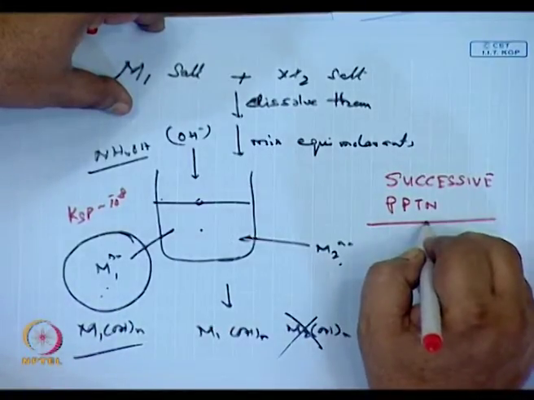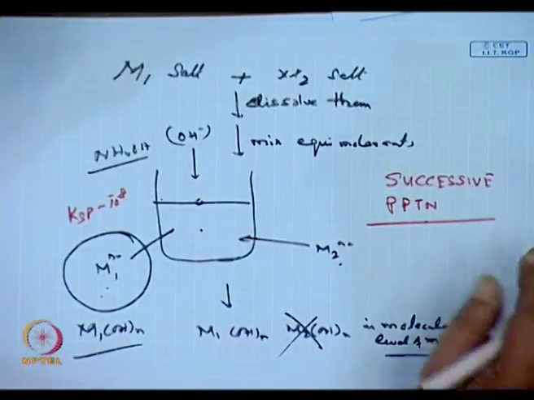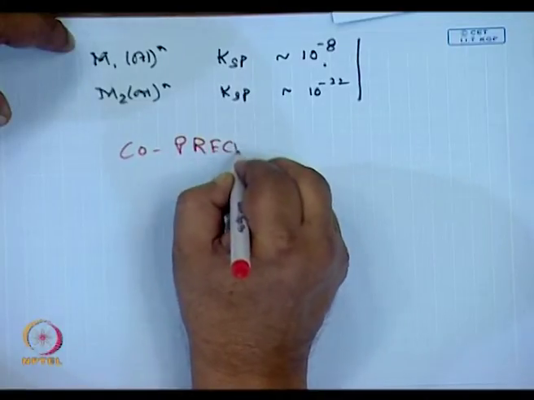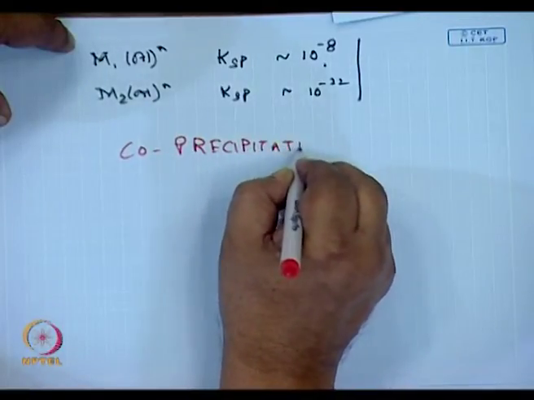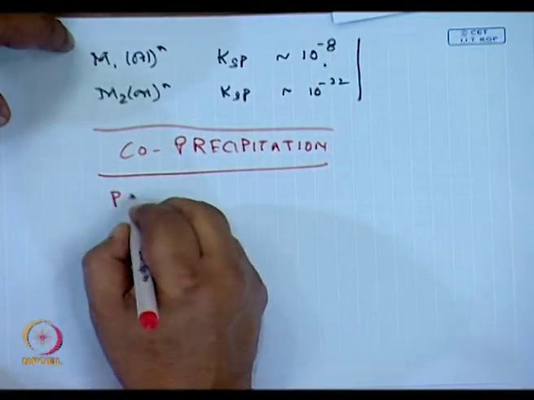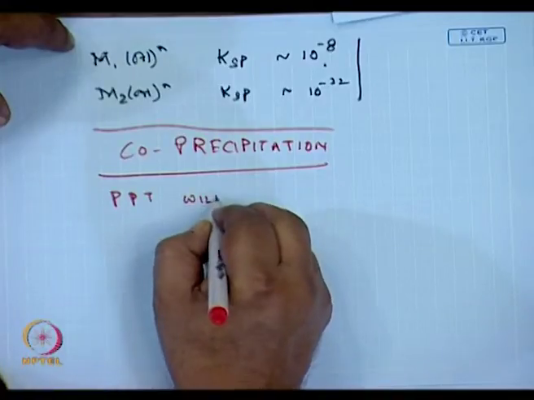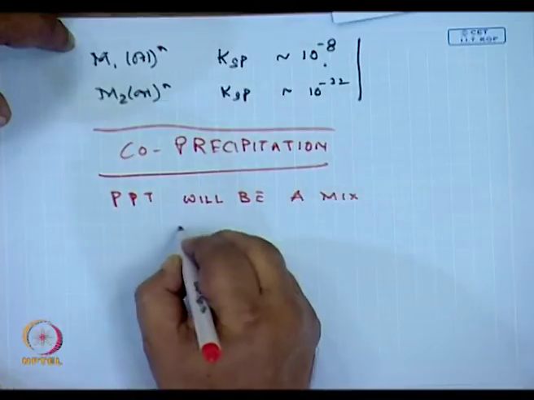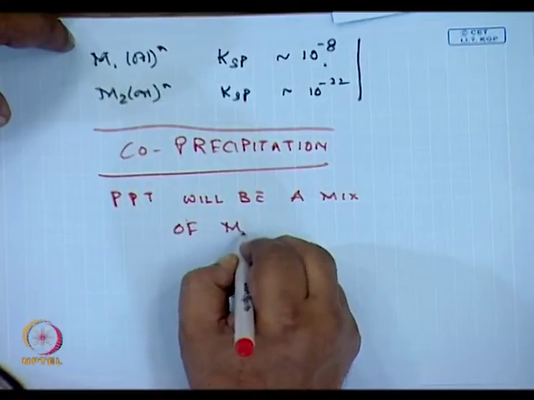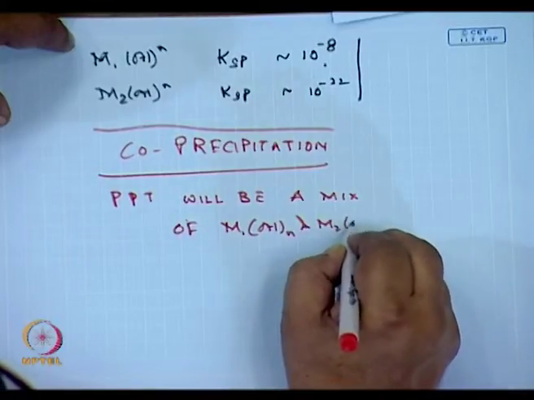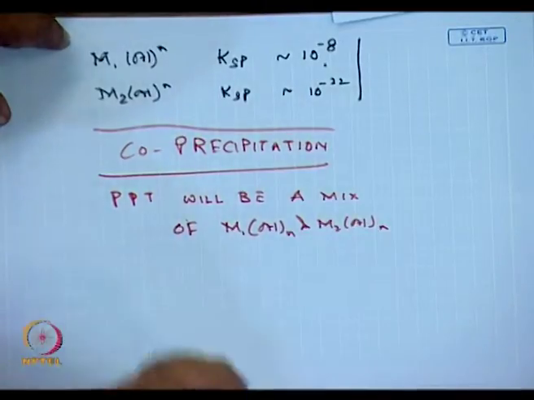This is successive precipitation, and this does us no good. What we really need is co-precipitation. That is, the precipitate will be a mix of M1 OHN and M2 OHN at the molecular level.